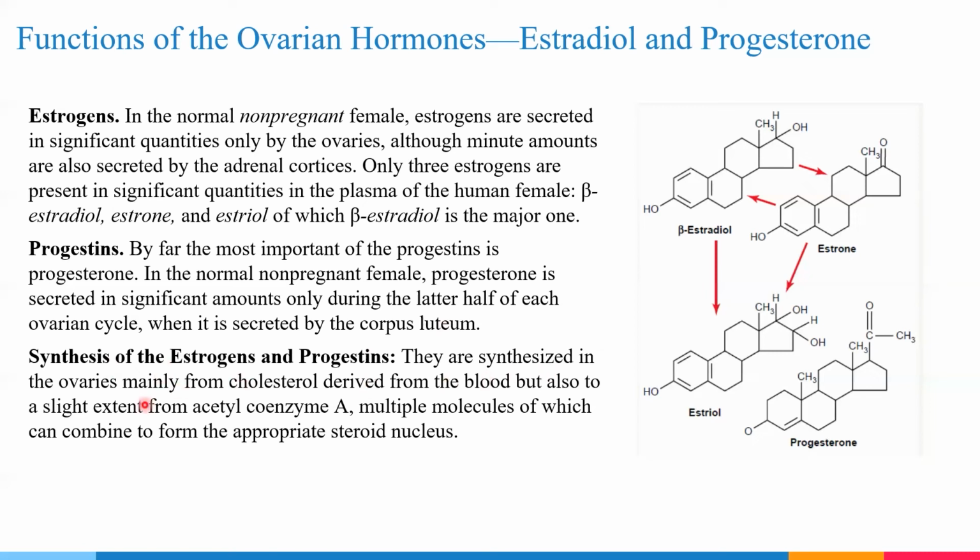They are synthesized in the ovaries mainly from cholesterol derived from the blood, but also to a slight extent from acetyl-CoA, or acetyl coenzyme A, multiple molecules of which can combine to form the appropriate steroid nucleus. Here in this schematic, we can see the chemical structures of beta estradiol, estrone, and estriol, and also that of progesterone.